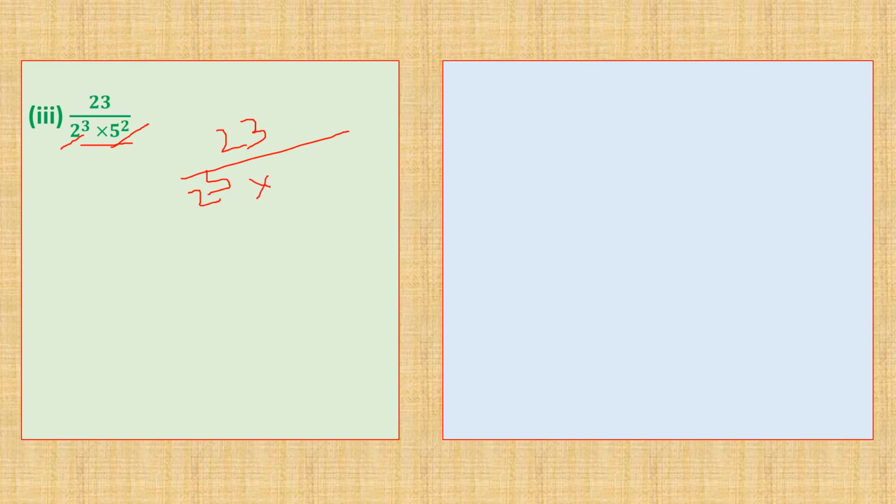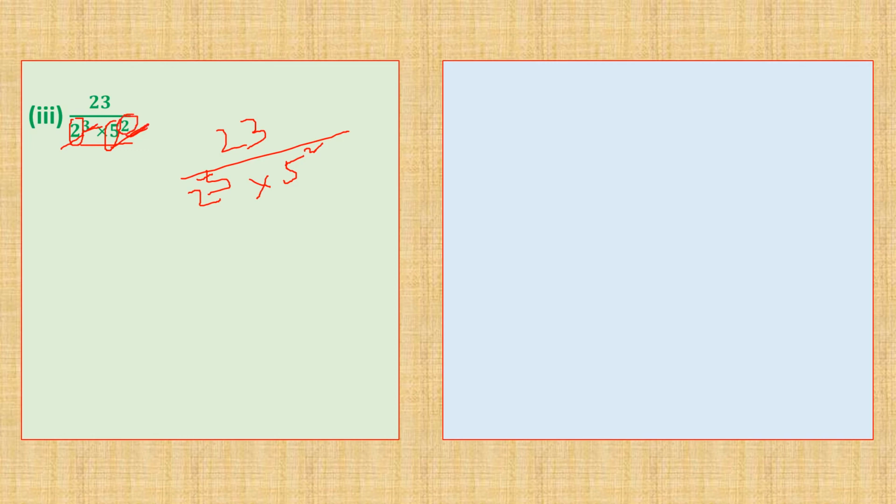Here you should see, I just told you that the power should be the same for both 2 and 5. But here it is 3 and here it is 2, and we cannot make it into 10 power, right? So simple, 3 is there here, so make this 2 into 3.